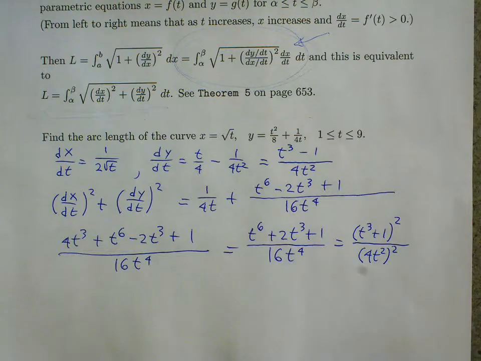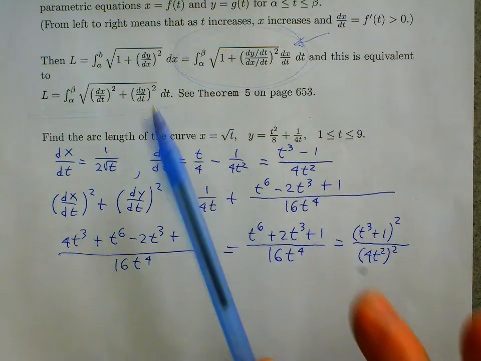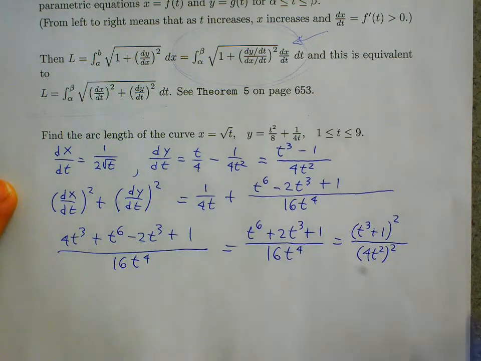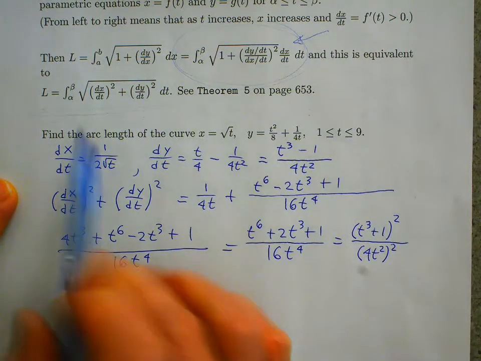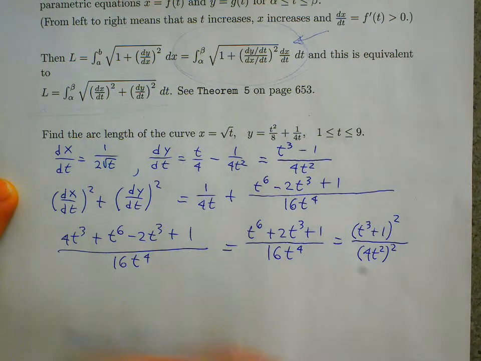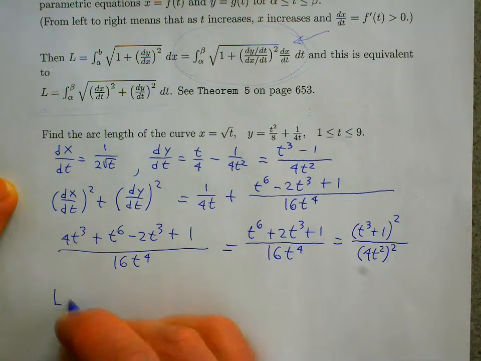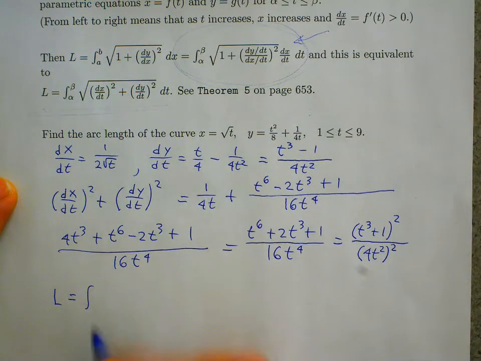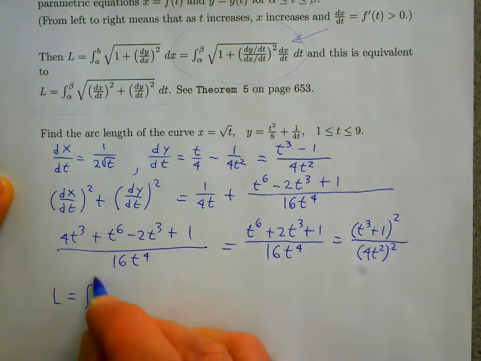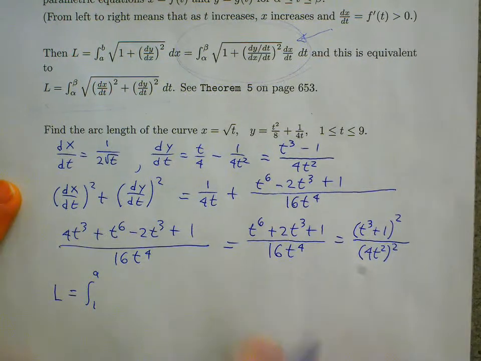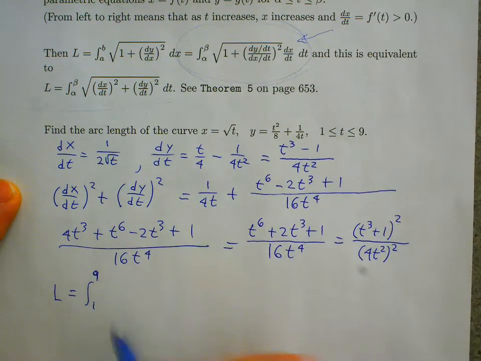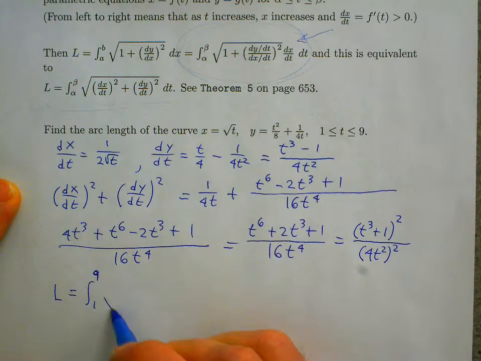That observation is of interest because this is what goes inside the square root. So our area, we're not computing area, we're computing the length of a curve from t equals 1 to 9. I'll go ahead and write this all out to start with.